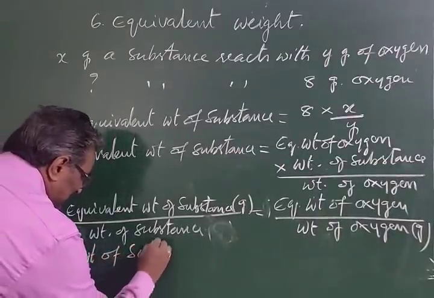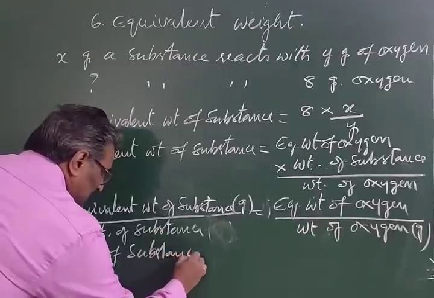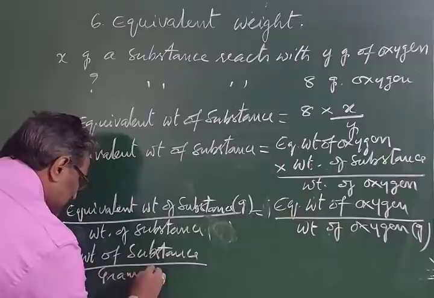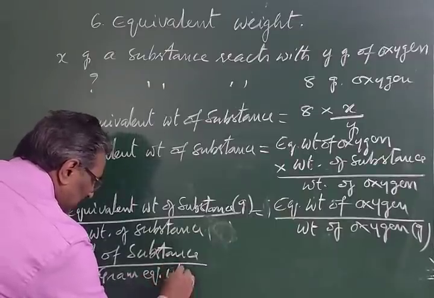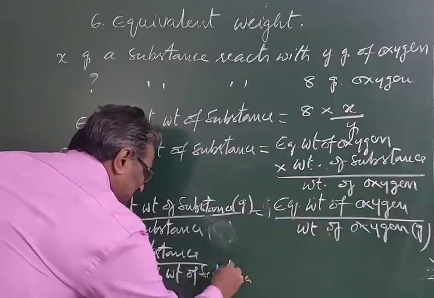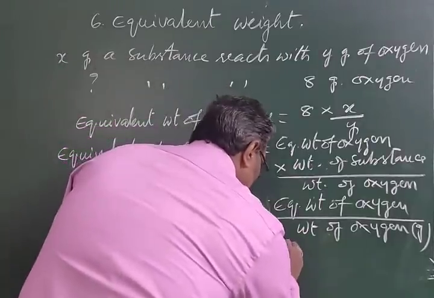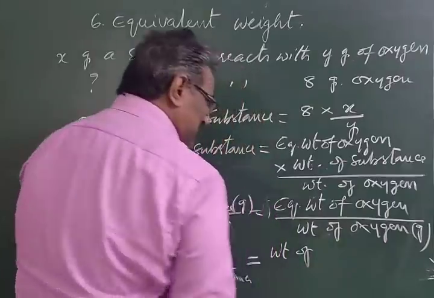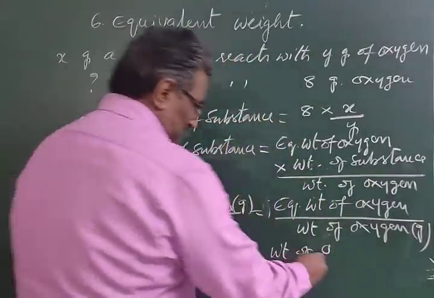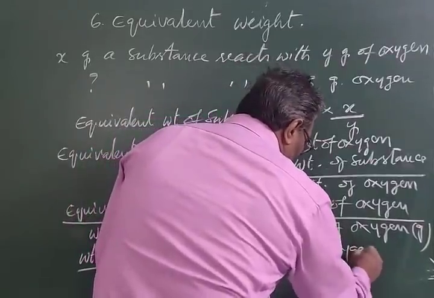Or you can also write weight of substance by gram equivalent weight of substance is equal to weight of oxygen by gram equivalent weight of oxygen. We are inverting both the ratios.